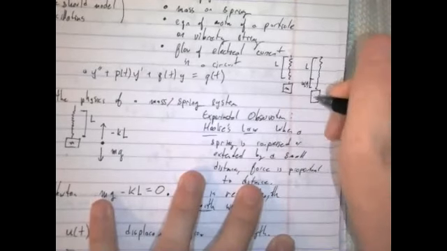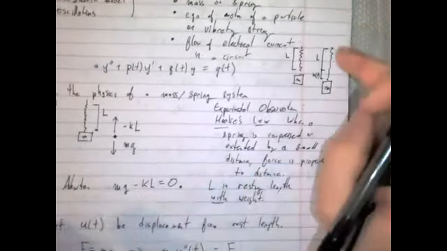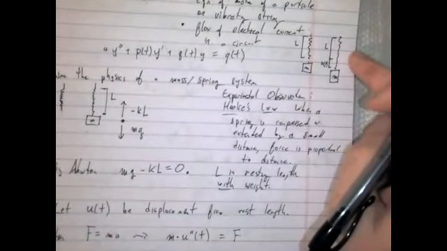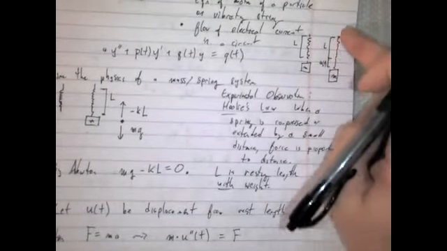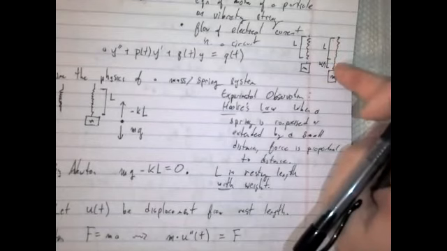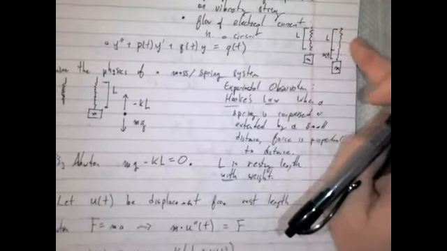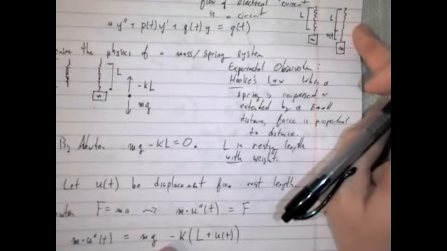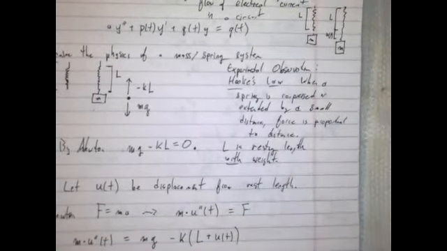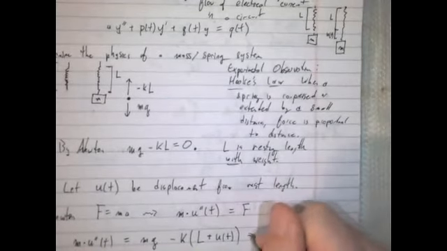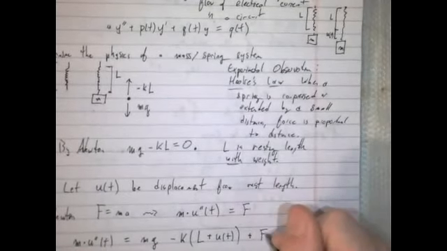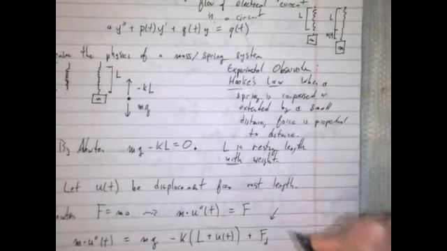Does this make sense? Now why I write L plus u of t for the length of the spring at a given point in time? Yeah, that makes sense. Okay. And then they add on 2 other forces. One is the force of damping.